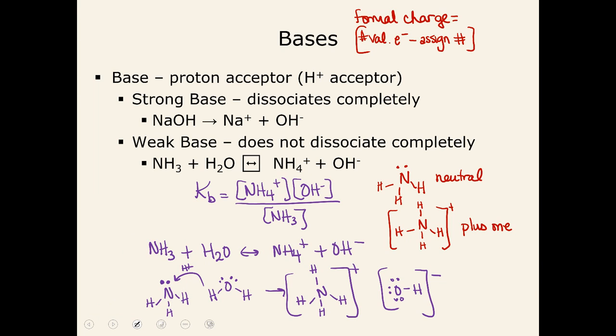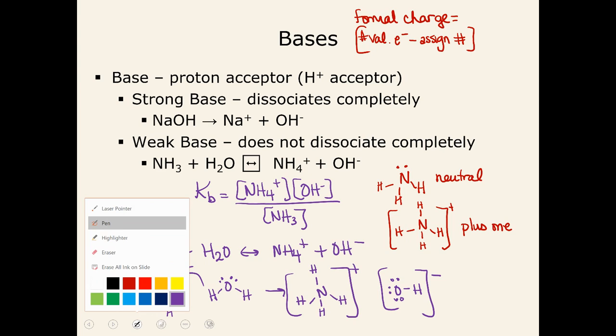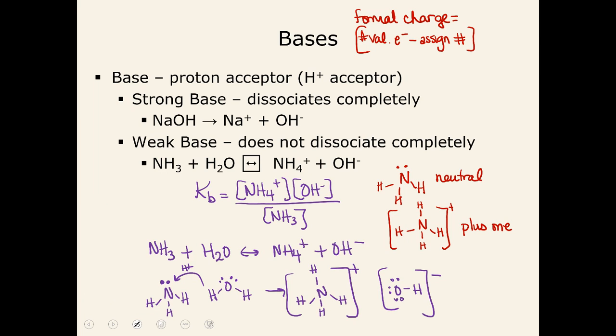So I'm going to pick a little bit different color. Let's go with green this time. Okay, so if you want a little bit more thorough understanding of why the one's neutral and the other one's a +1 charge, we can do the formal charge. So nitrogen, if you had a periodic table, you'd see has 5 valence electrons. So both of them have 5 valence. And then I'm going to assign a number. The assigned number goes like this.